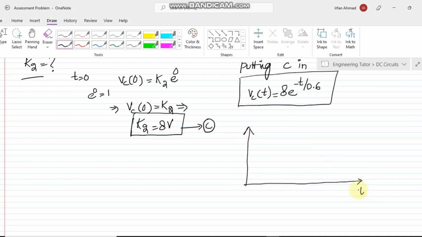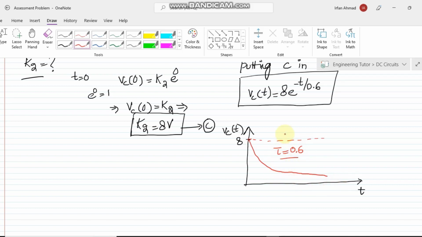If this is t and this is VC(t), we can see that the initial value it will carry will be 8 here, and it will decay at a rate like this one, and the time constant here is 0.6.